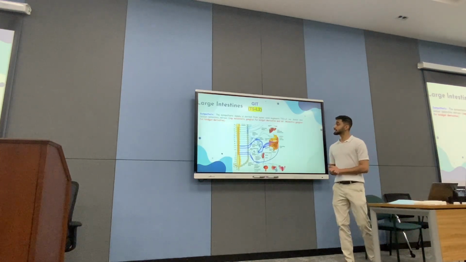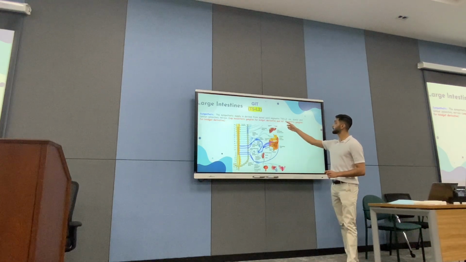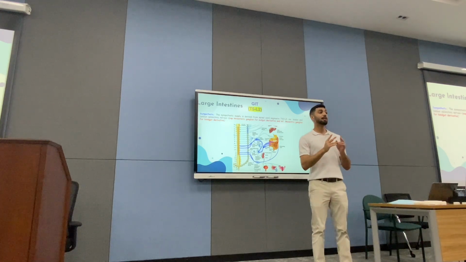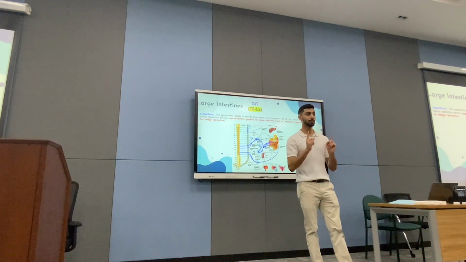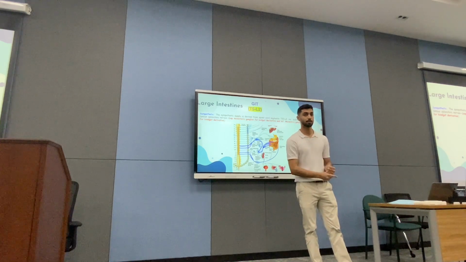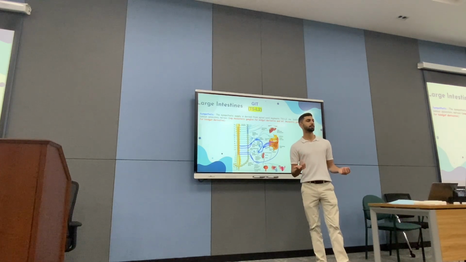The large intestines, lastly, it is supplied by the T10 to L2 segments via two splanchnic nerves. What are they? Lumbar splanchnic nerve and lesser splanchnic nerve. From where does this lesser splanchnic nerve arise? T9, T10, T11.